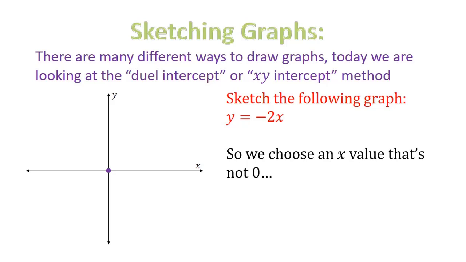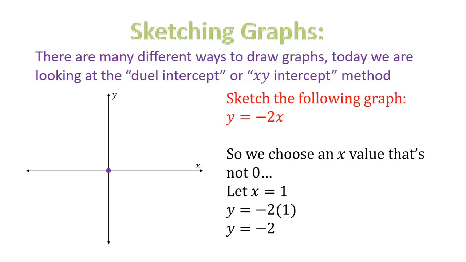So you can choose 1, 2, 5, -1. Whichever's easiest. Most of the time it's easiest to let x equal 1. So if x equals 1, then y will equal -2 times 1, and so y will equal -2.